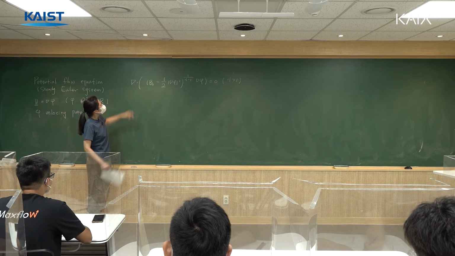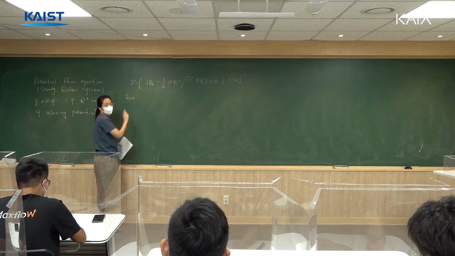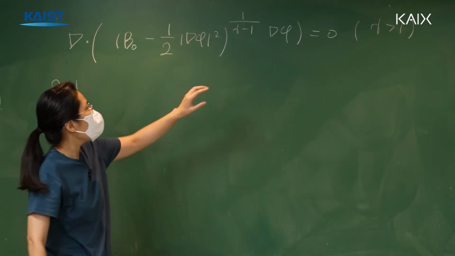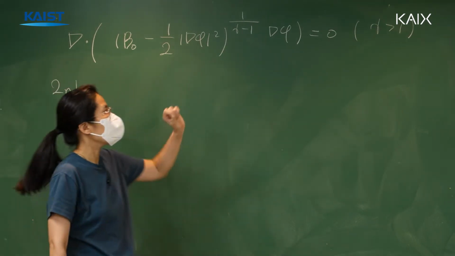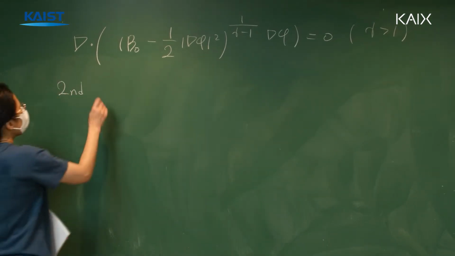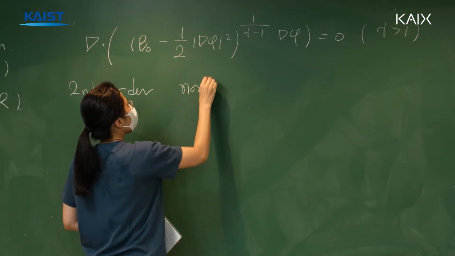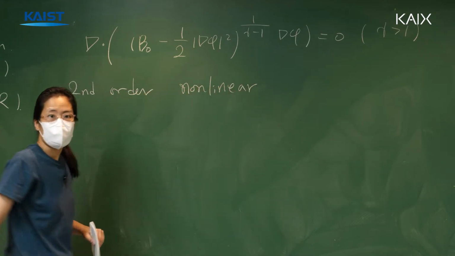Obviously this is a second order PDE. When I say second order, it means that the highest order of derivative of the function phi is 2, right? So we have to be able to differentiate the function phi twice for this equation. It is also nonlinear, and we discussed why yesterday, right?